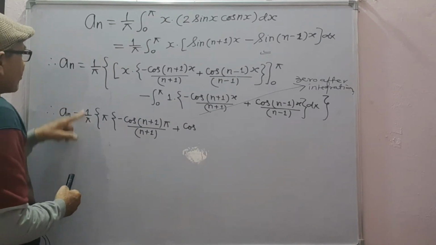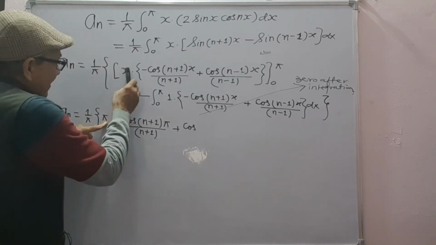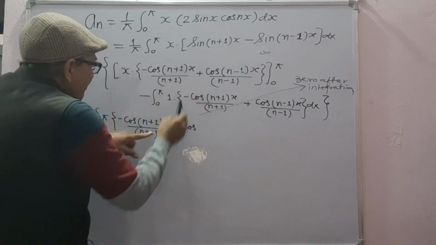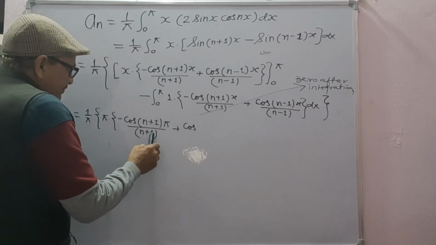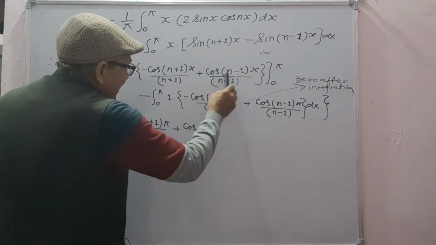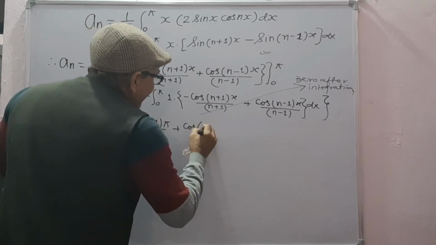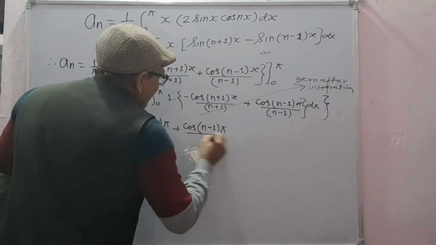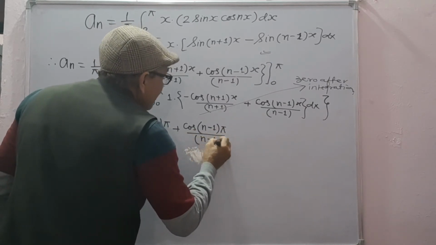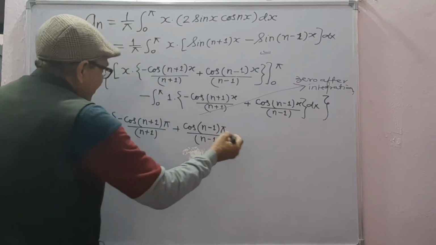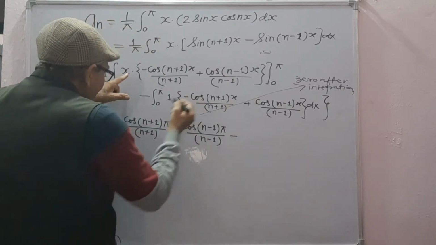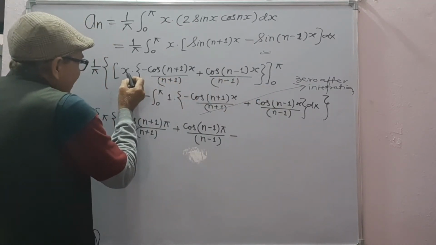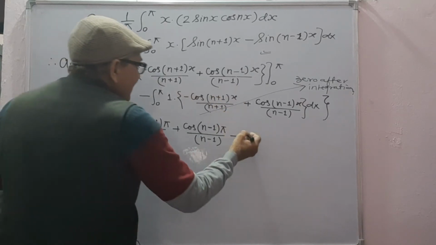Therefore, an will be equal to 1 upon pi, here for upper limit pi into minus cos n plus 1 pi upon n plus 1 plus cos n minus 1 pi upon n minus 1, minus lower limit gives 0 due to this. Here 0 into something gives 0.